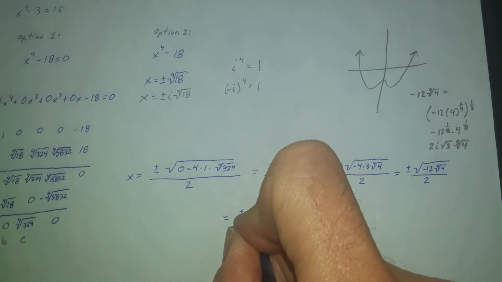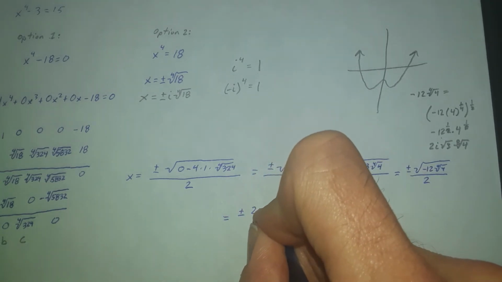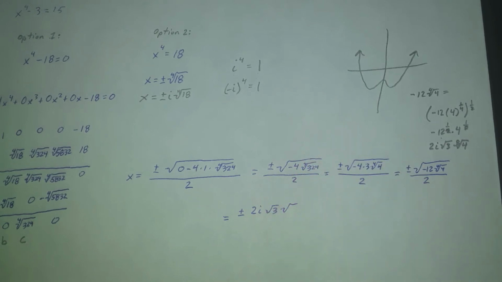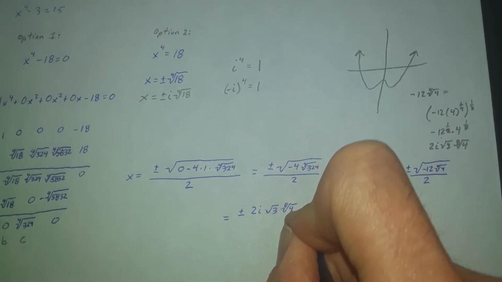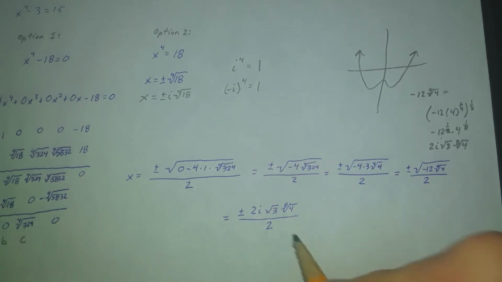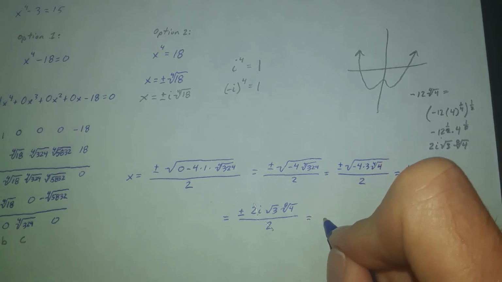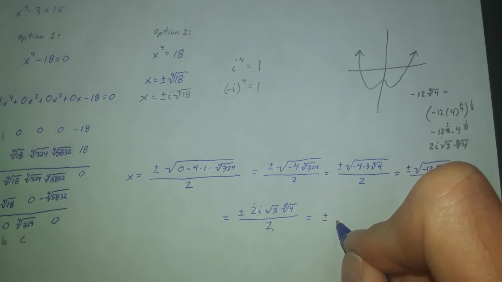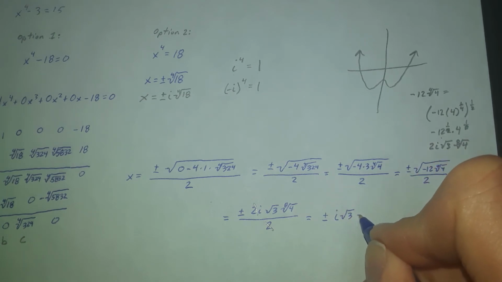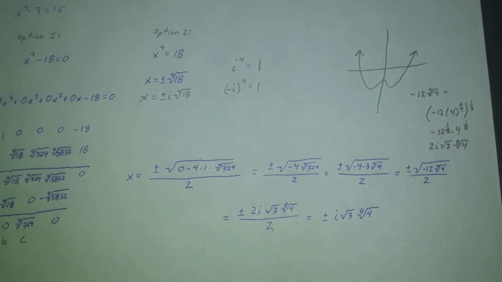So I have plus or minus 2i square root of 3 and the 8th root of 4, and that's divided by 2. This 2 and this 2 are going to cancel out since this is a product. So that leaves me with plus or minus i square root of 3, 8th root of 4.